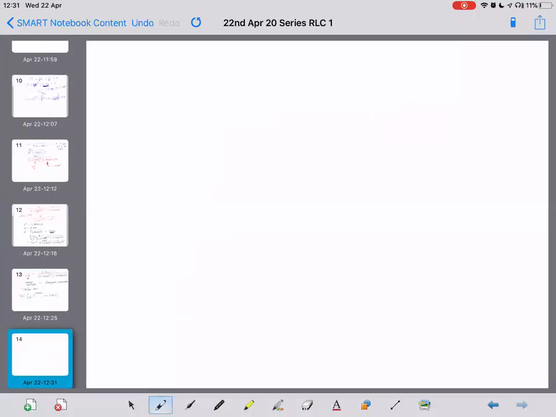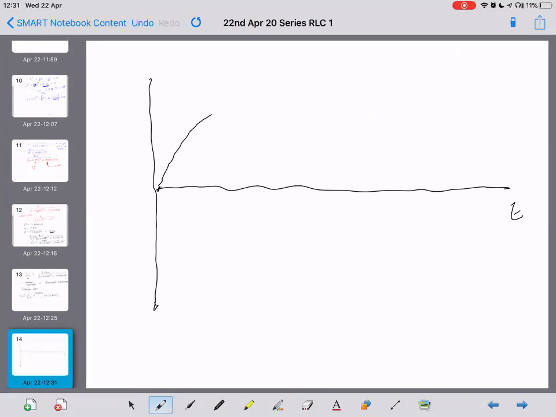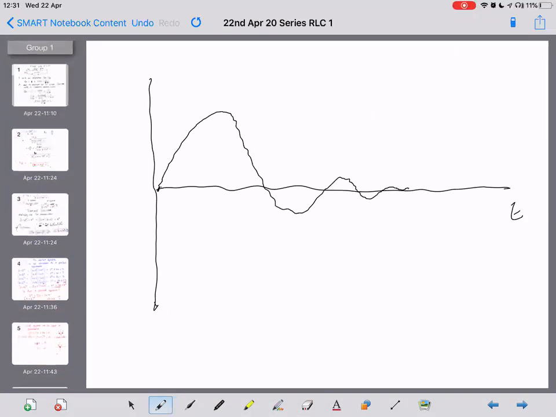Over time, we should see a sine wave with a frequency of omega, but it decays away exponentially.